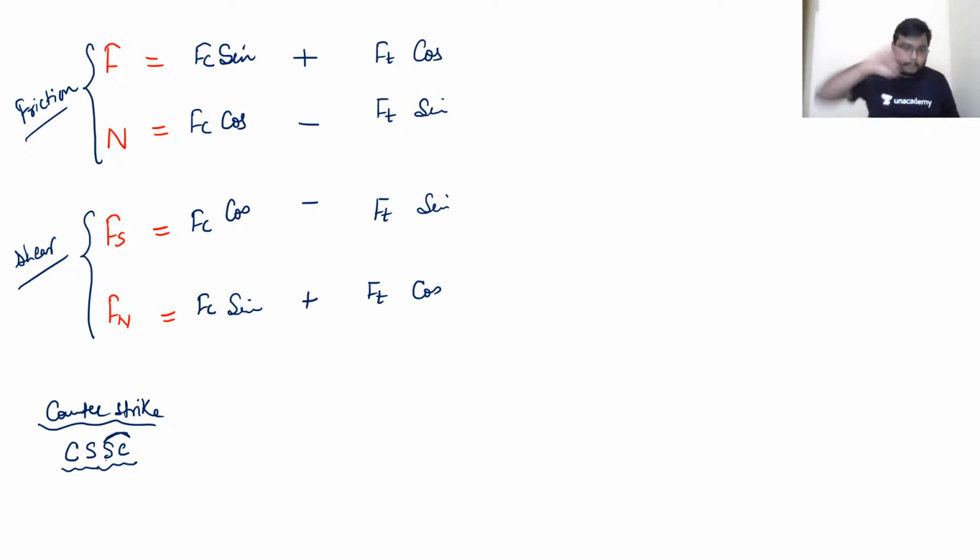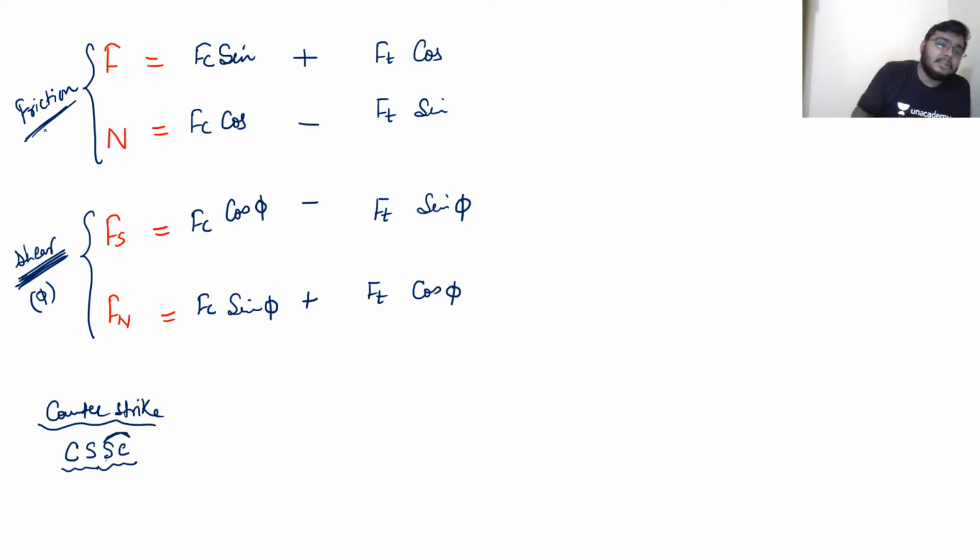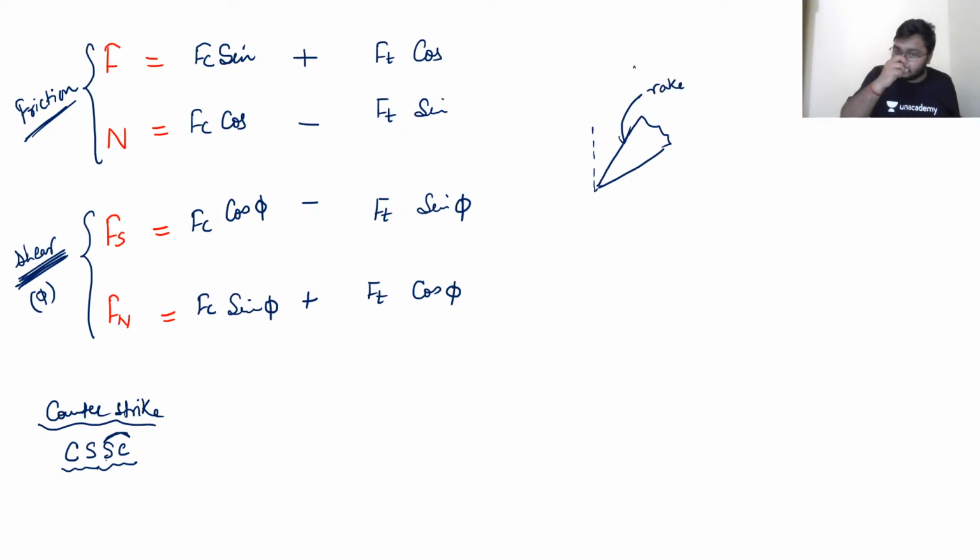Now please see, there is a logic behind it. When you are calculating the shear, you are dealing with the angle phi. So here the angle will be phi. And when you are dealing with the friction, it is acting on the rake surface, and in this rake surface the friction will act.